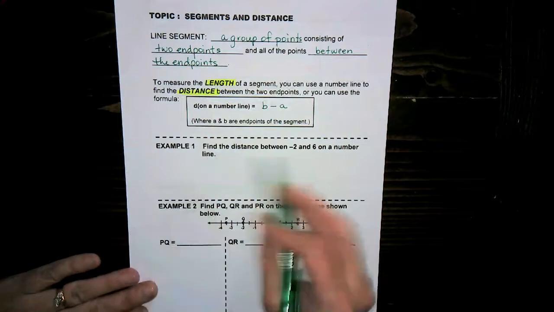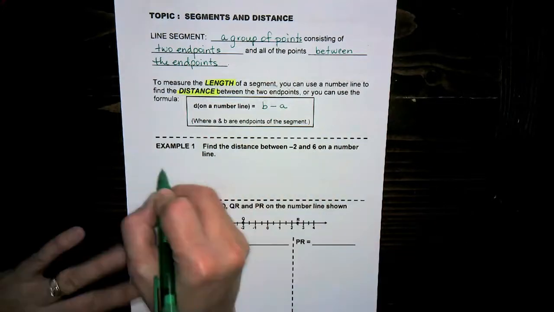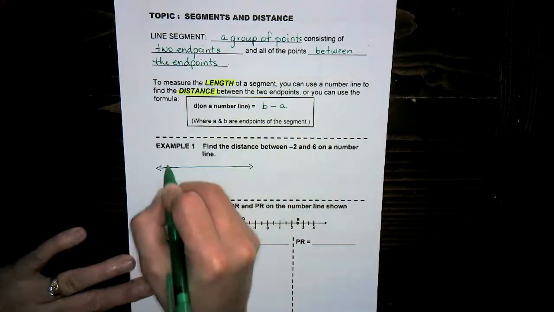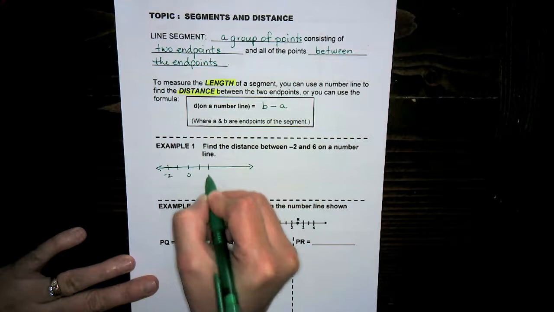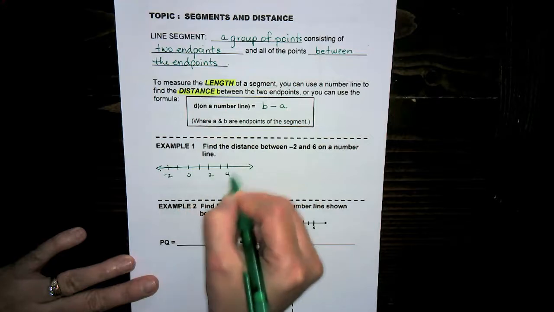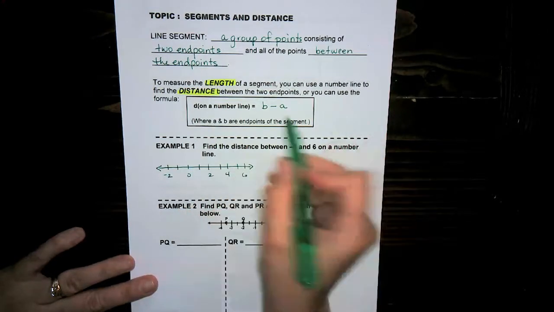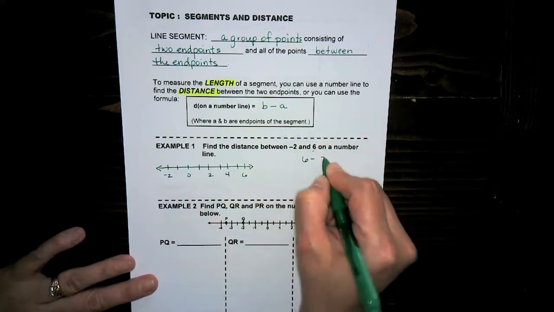If we want to find the distance between -2 and 6 on a number line, let's just visually wrap our brains around what that looks like. So I've got -2, and I'll just number them a little bit here so we can see them. Now, our formula says we just subtract the 6 minus the -2.